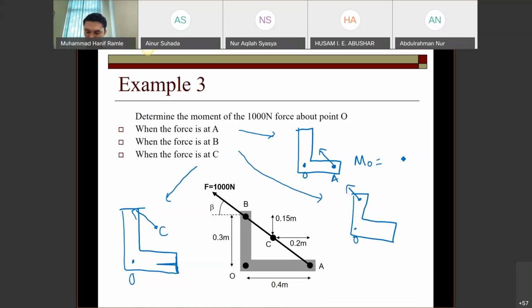Negative 50. So to everyone, do you get a similar answer? Doctor, I get 1,400. Okay, 1,400 Newton meter. What about others?